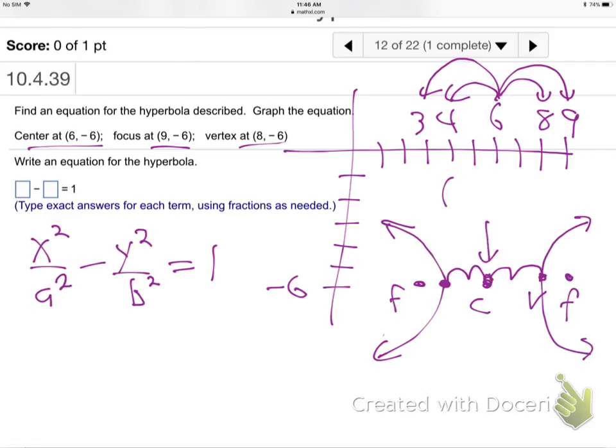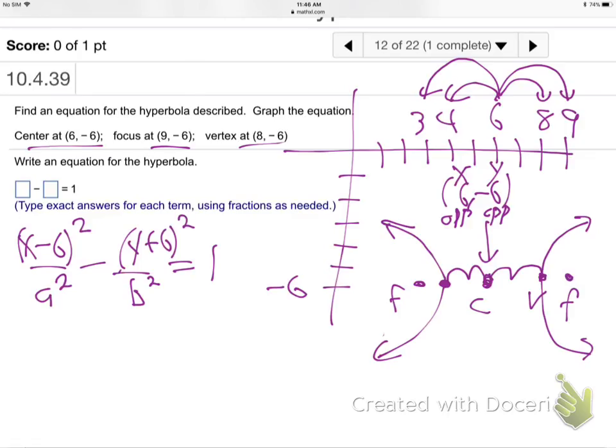So what's the center? It is 6, minus 6, and it's opposite, opposite. So x will become x minus 6 squared, and y will become y plus 6 squared. Good so far? That's what we always do for the center.